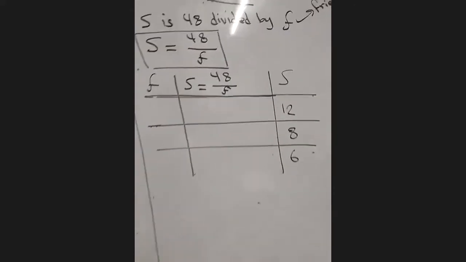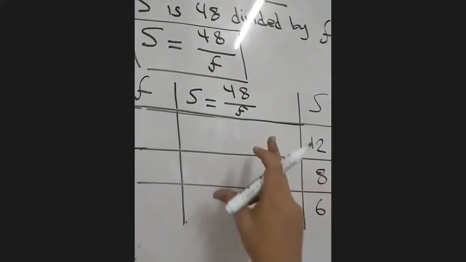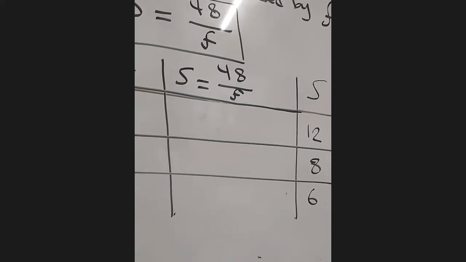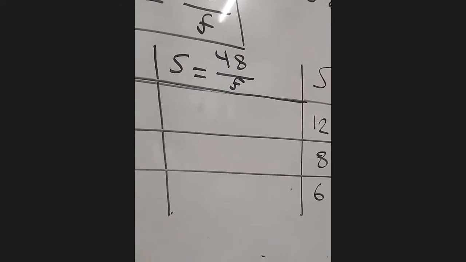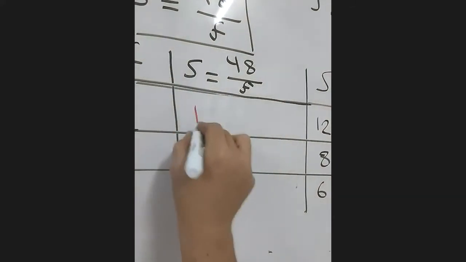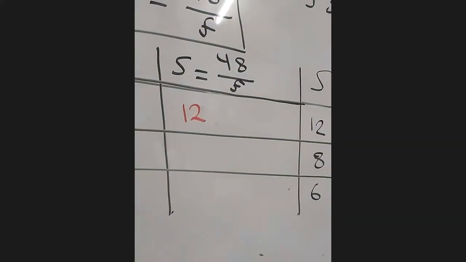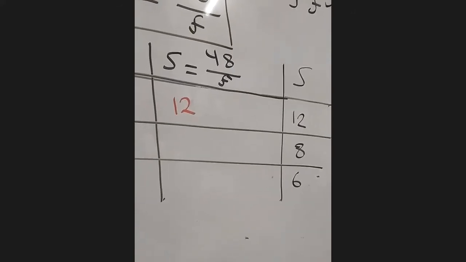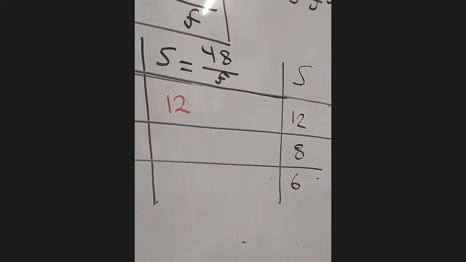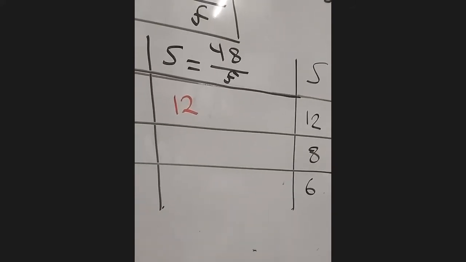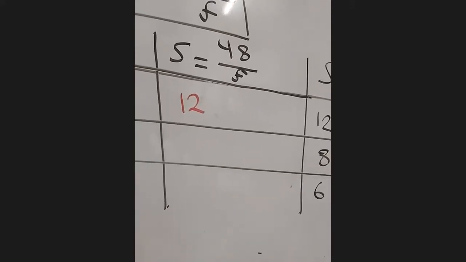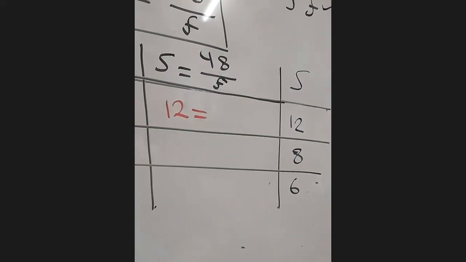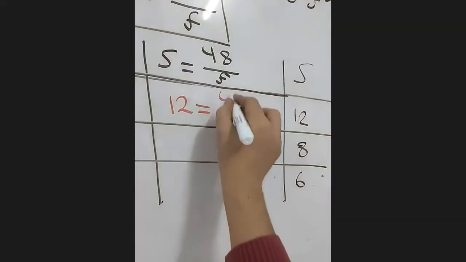First thing, we will find the number. What will I write? 12. Yes. Continue. 12 equal 48 over f.